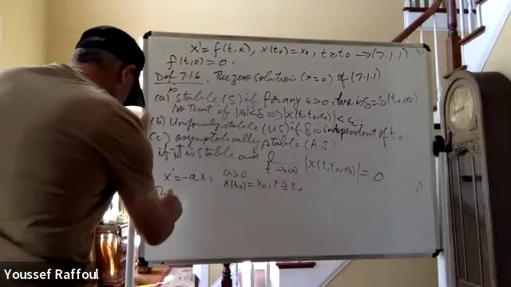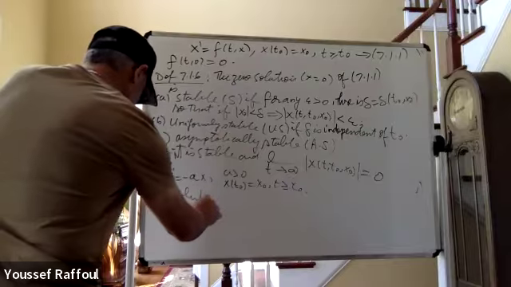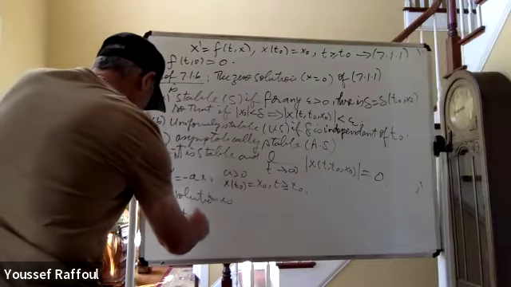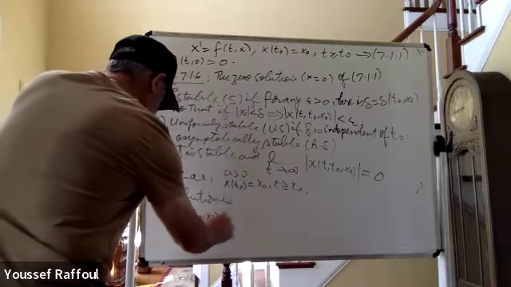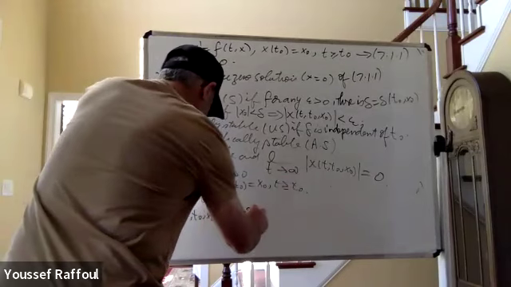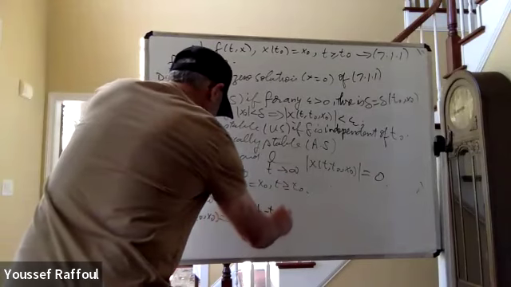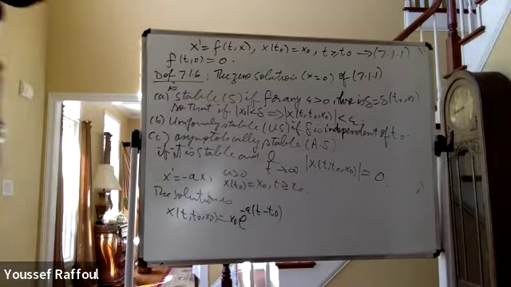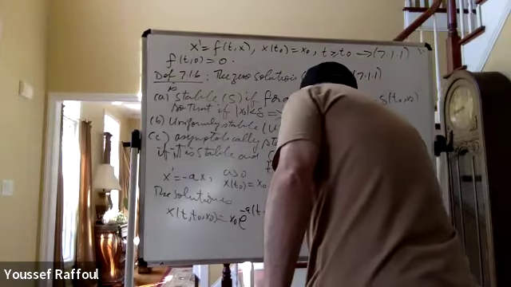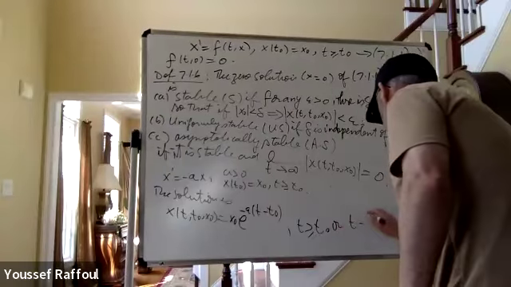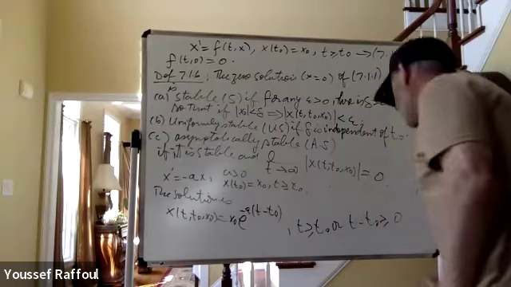So the solution is x(t, t naught, x naught) equal to x naught e to the minus a times (t minus t naught). That's what the solution looks like. Okay? And this is for all t bigger or equal to t naught, or t minus t naught bigger or equal to 0.